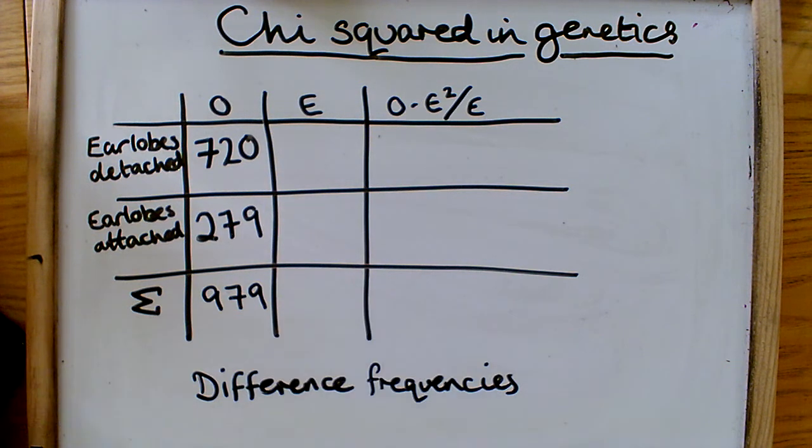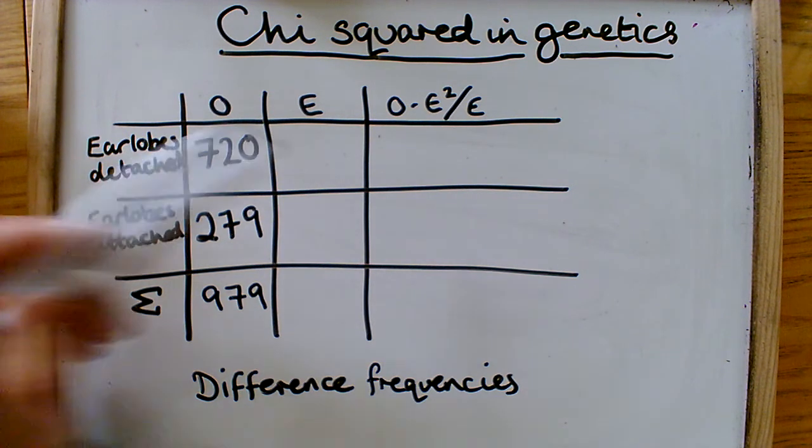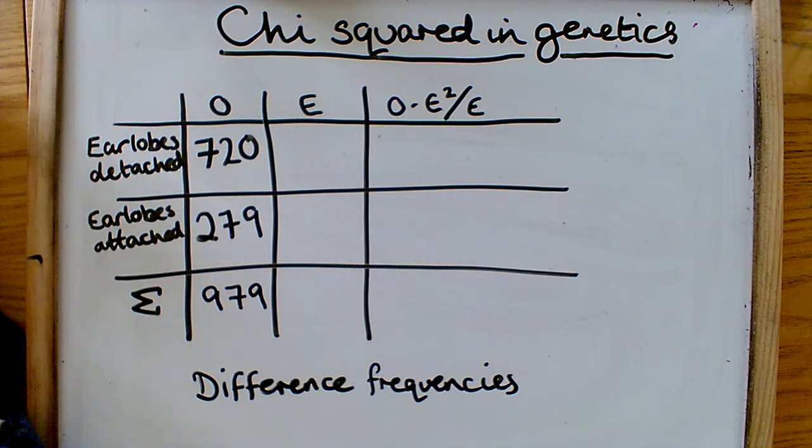You want to be able to reject your null hypothesis because what you found is significantly different from what our expected values would give us.